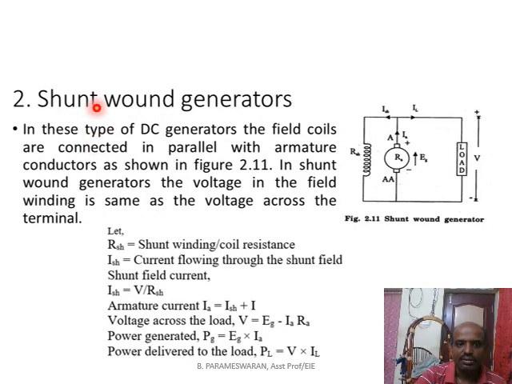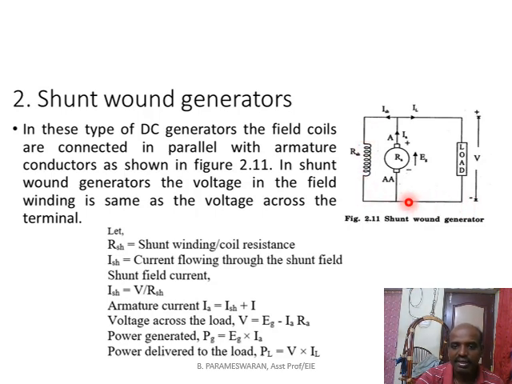Next one is the shunt wound generator. Here your field winding is connected in parallel to your armature winding. This resistance is called R shunt, Rsh, and the current flowing through this field winding will be Ish. This Ish current can be written as V divided by Rsh. How are we writing this? Here the load, armature and field windings are all connected in parallel.